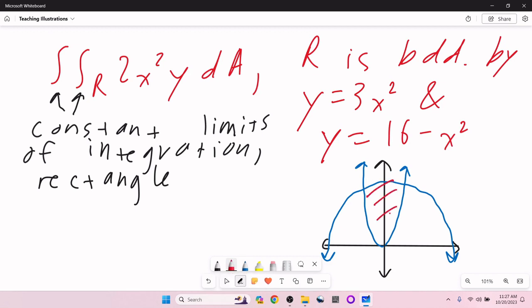Well, it's this. So everything else goes out to infinity. So we're looking for a region that does not go to infinity, a region that we could put a circle around. That's what bounded means. And that's inside the two curves. Let's go ahead and label these. This is y equals 16 minus x squared, and this is y equals 3x squared.